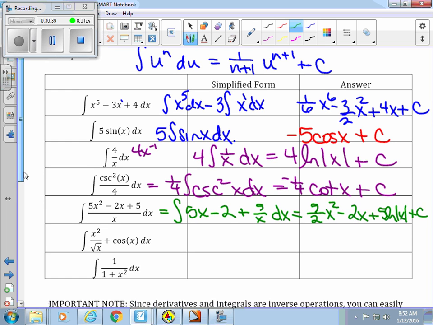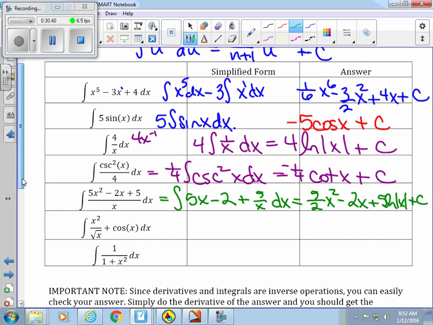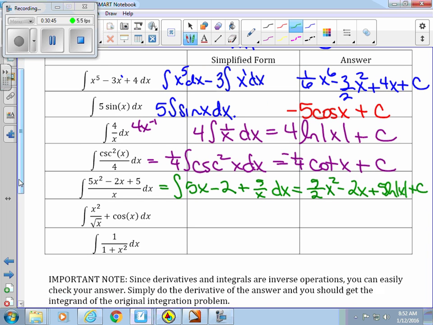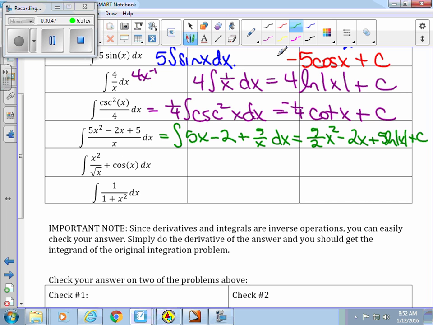Okay, the next one's tough because I have to use some nasty algebra. Again, I do not have a quotient rule. If I can't simplify this with algebra, for today I would be stuck.